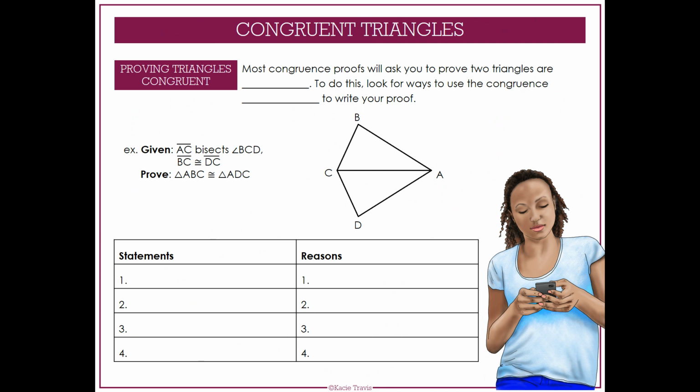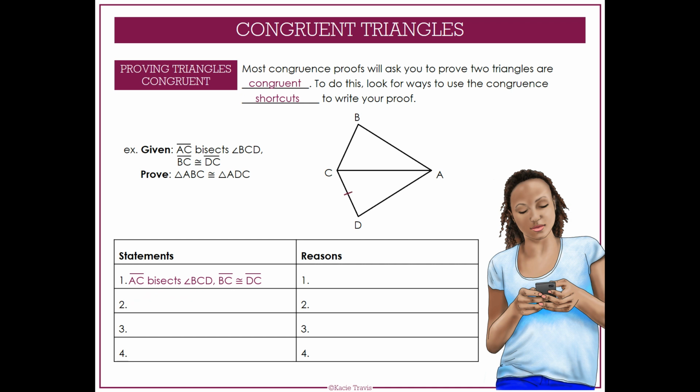All right, let's get in some more notes. So, if we are proving triangles are congruent, most congruence proofs will ask you to prove that two triangles are congruent. To do this, we have to look for our congruence shortcuts to write our proof. So, earlier we took a look at our proof from the beginning.